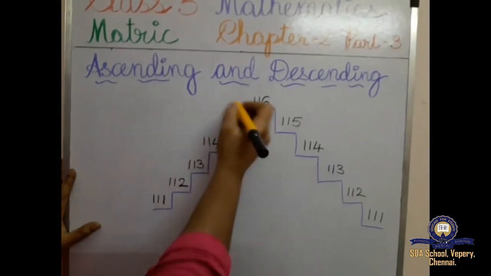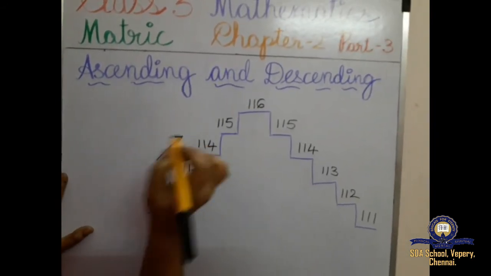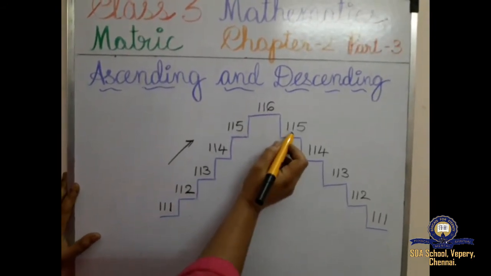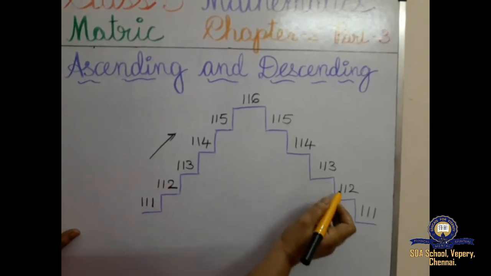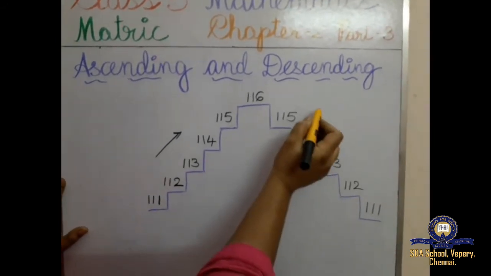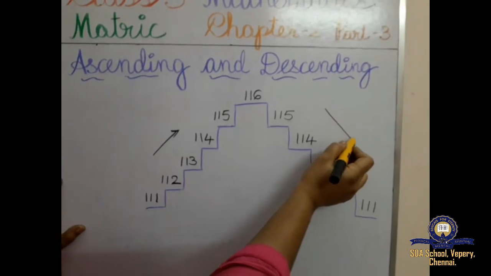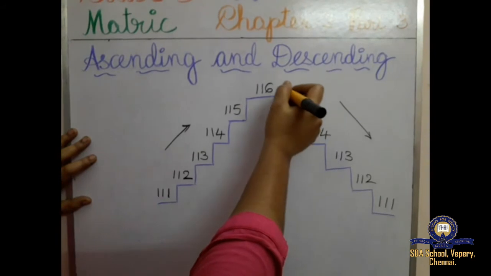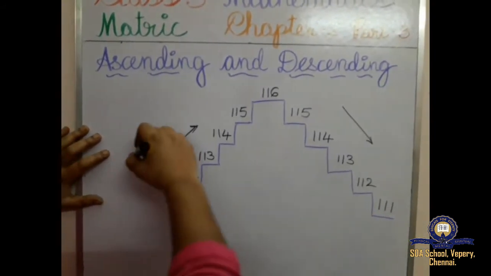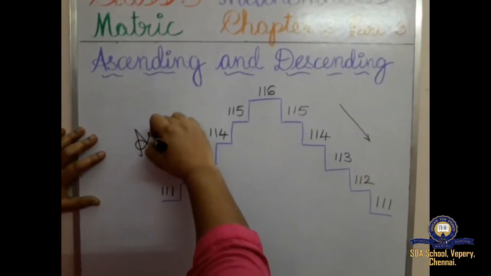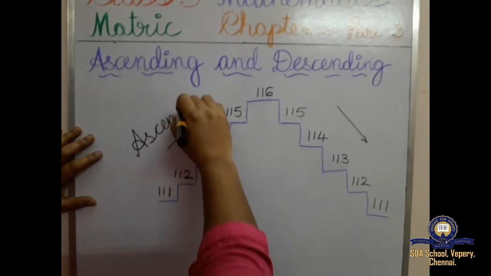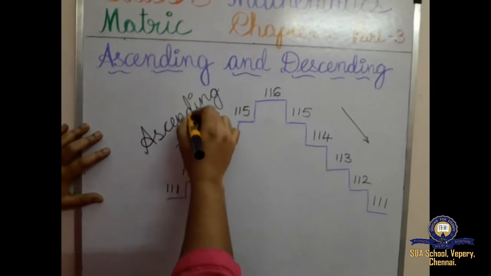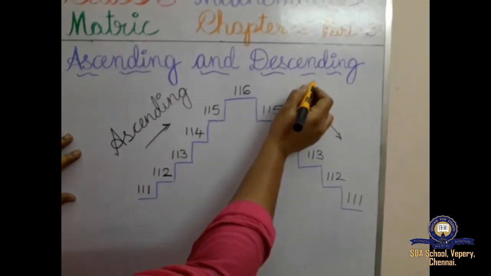So the numbers are going up, right? Now what the numbers are? See, 116, 115, 114, 113, 112, 111. Coming down. So ascending is going up. Descending is going down. Ascending, A-S-C-E-N-D-I-N-G.